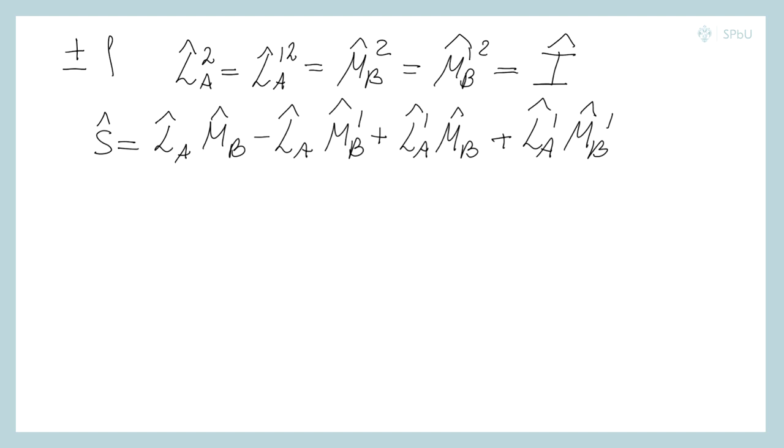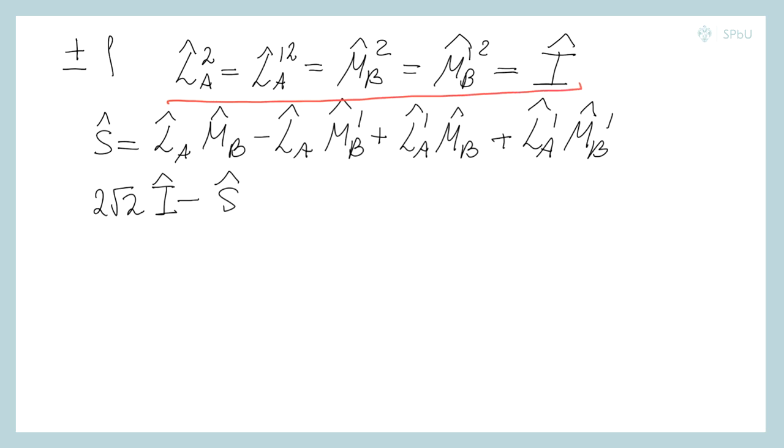In order to find the magnitude of the averaged S, consider the following difference: 2 square root of 2 times the identity matrix minus S. We can rewrite it using the property achieved earlier.